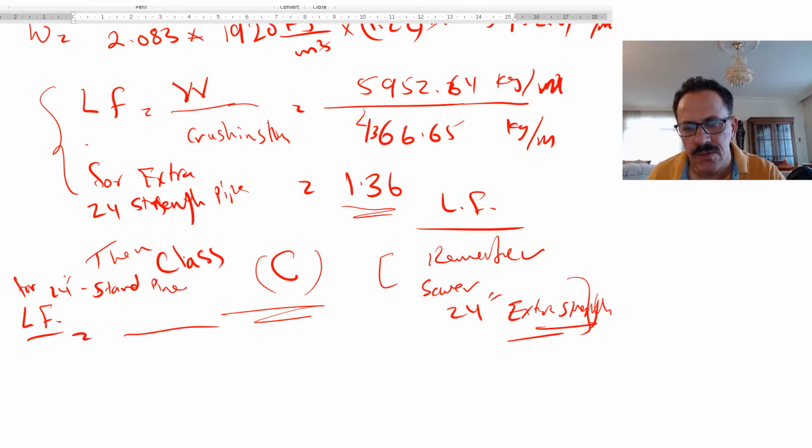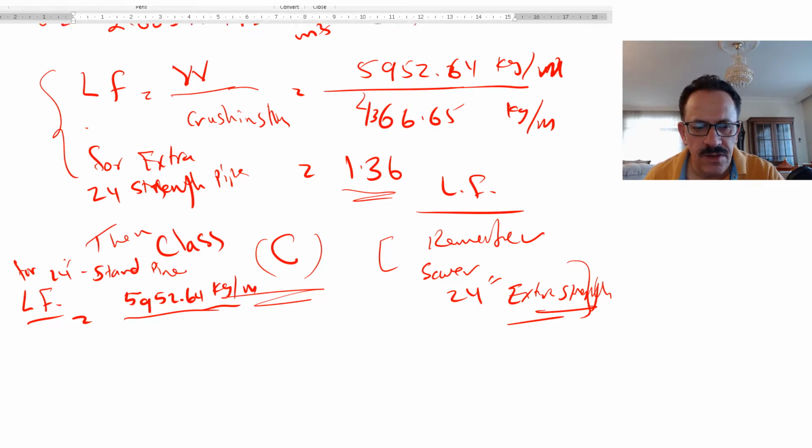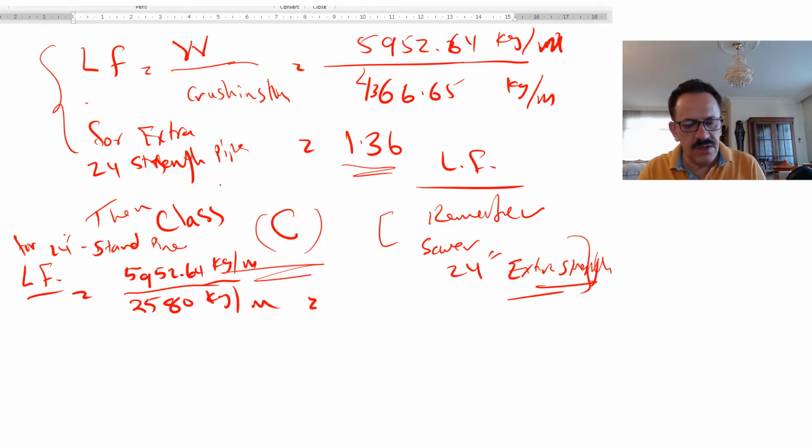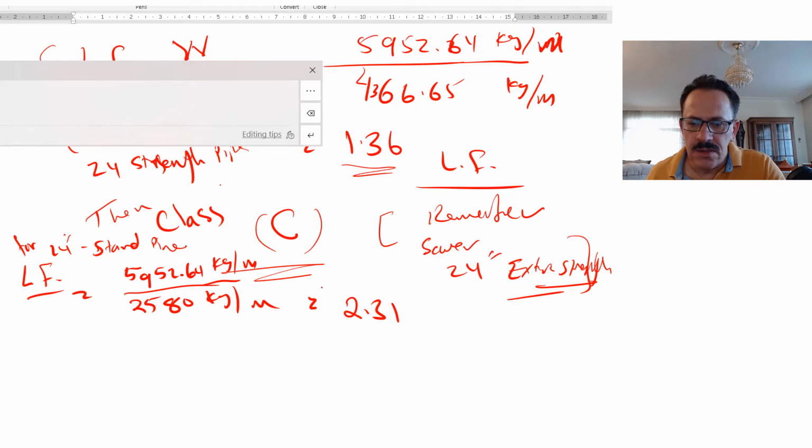The load factor will be the same load that we have, which is 5952.64 kilogram per meter, divided by the crushing strength of the normal, which is 2,580 kilogram per meter, so the load factor will be equal to 5952.64 divided by 2580. You have 2.31. This is the load factor.